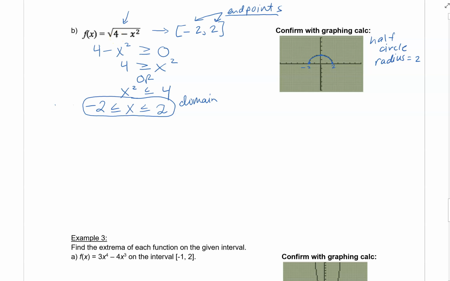Just like with any other function, I'm going to have to find the derivative, and then I need to figure out what makes the derivative 0, but also in this case, what would make the derivative undefined. It might help if I first remember that this function is a power function. It's 4 minus x squared to the power of 1/2.